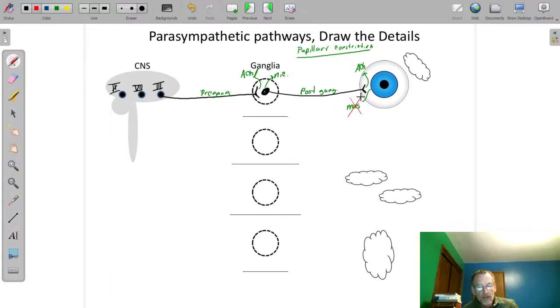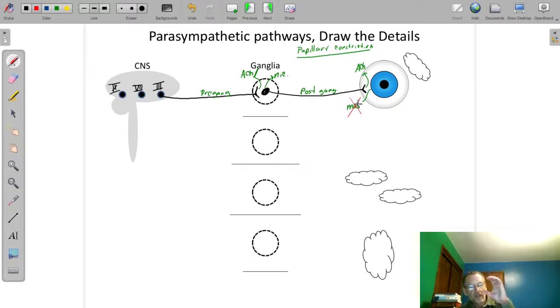What do you think would happen? Would you go blind or what? That's what happens when you go into the eye doctor for an eye exam and they dilate your eyes. They put a little drug in the eye drops that temporarily blocks those receptors, right?